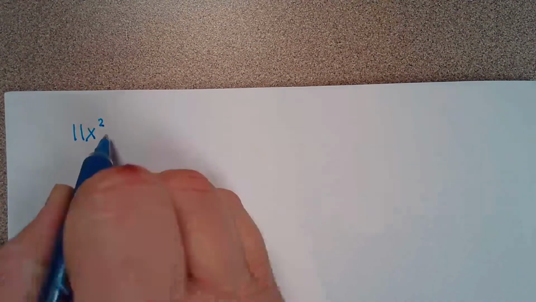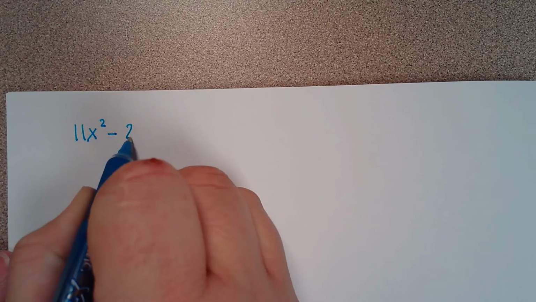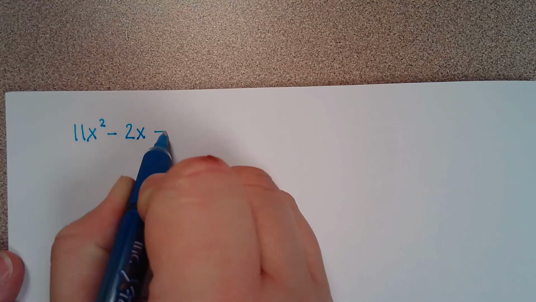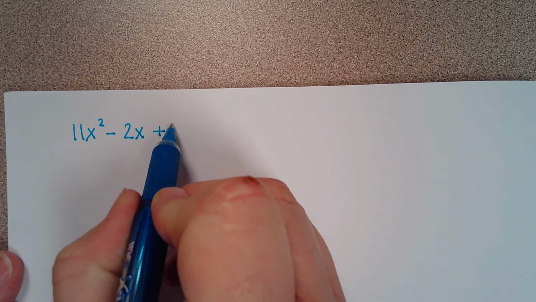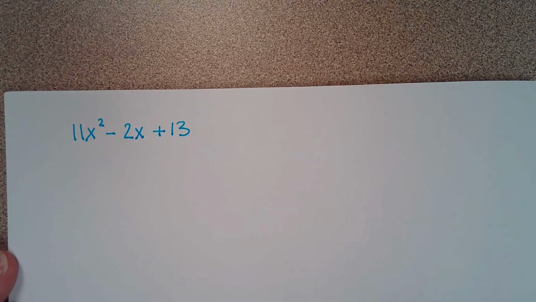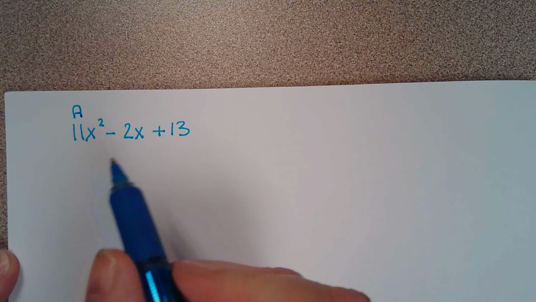Let's do 11x squared minus 2x plus 13. Now, if we look at this, we're not able to tell right away whether this factors or not, and that's okay. We're going to use the quadratic formula again. So we have a, and let's make it interesting. Let's make 11 negative.